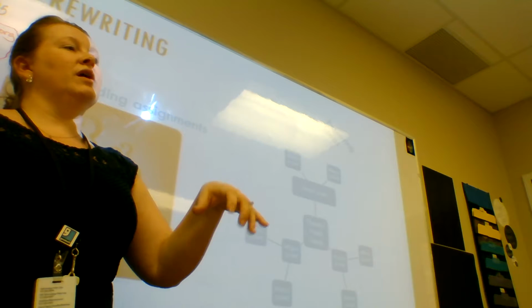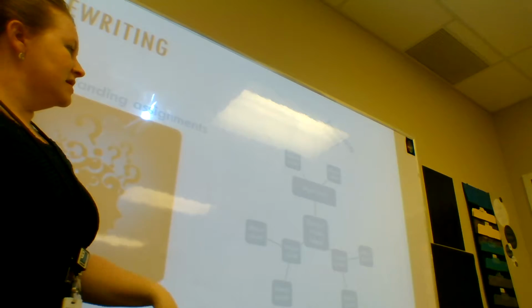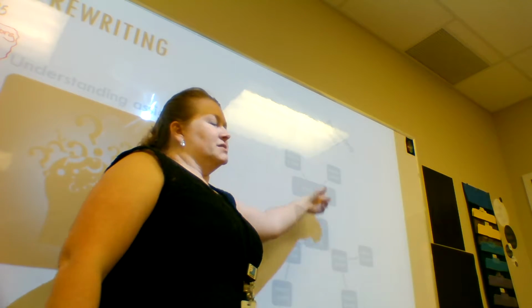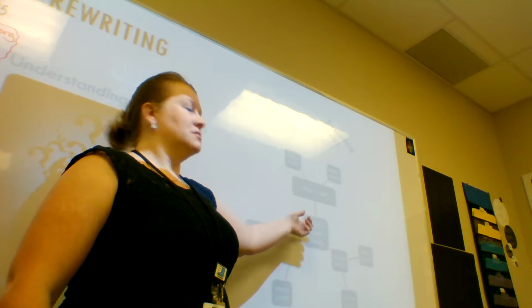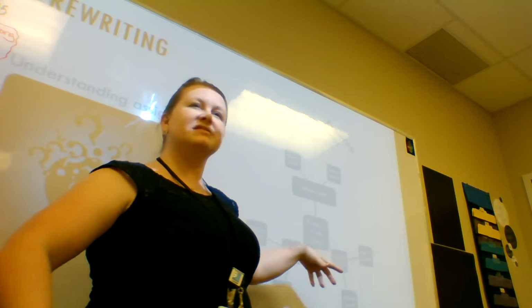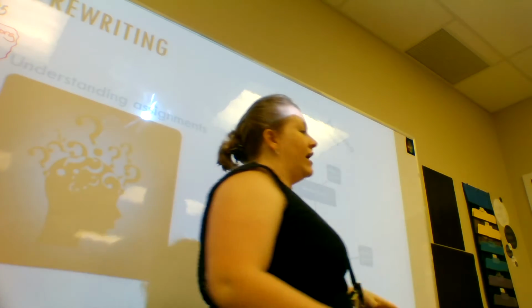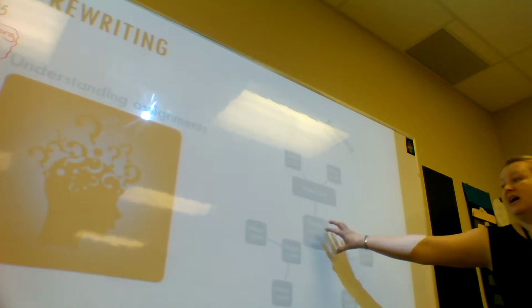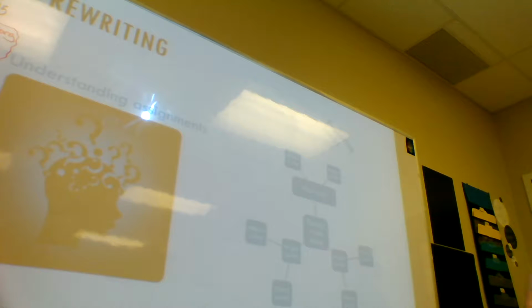So brainstorming is one way. You make a list of all of your ideas. Anybody know what this is called? Web. It's a web. It's a modified concept map. So you can call it a web. So you start with an idea, and then you start to branch off of those other ideas.